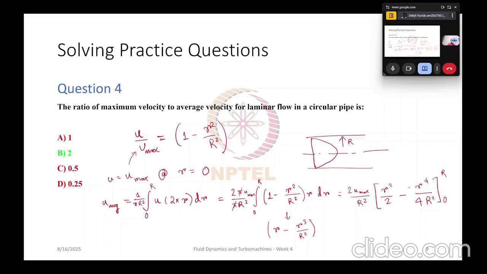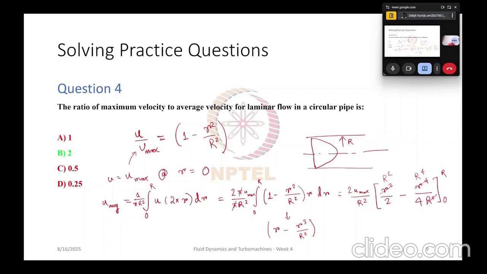I can just replace the small r squared by capital R squared. I'll just write capital R square here and capital R power 4 here, and I'll evaluate this.